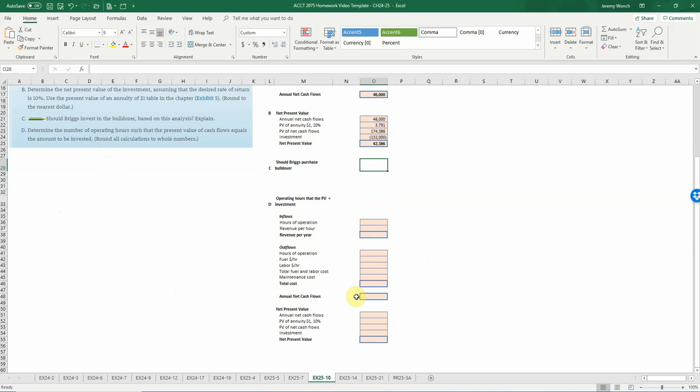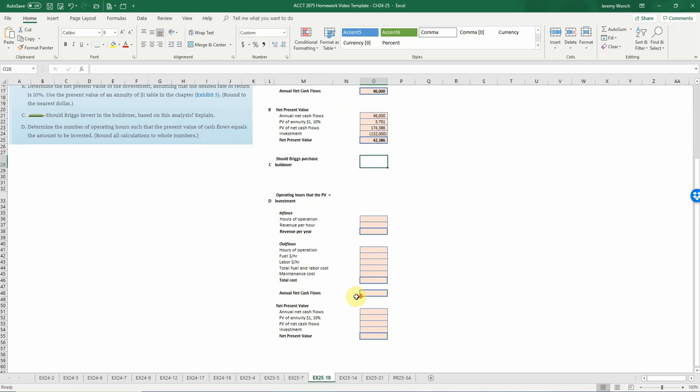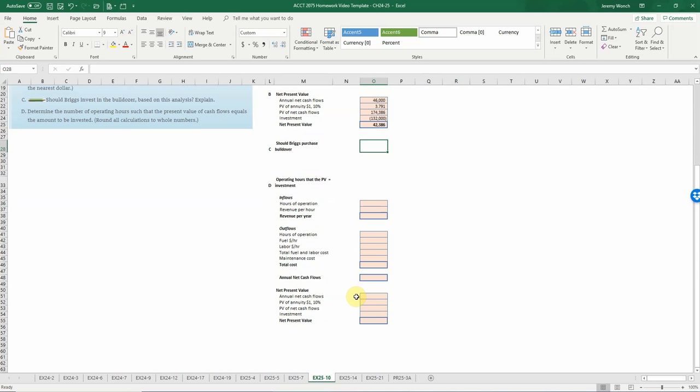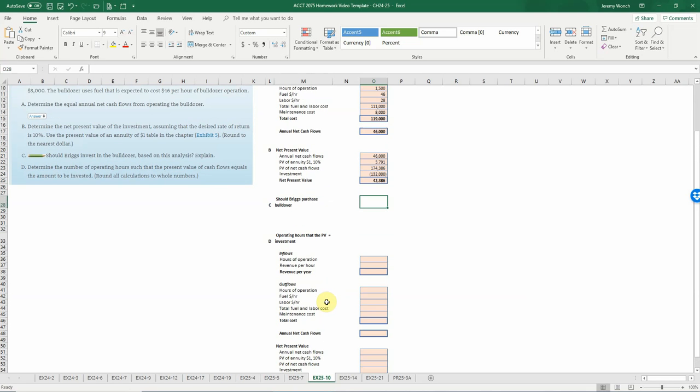So it's the minimum operating hours that we can have to still be a good deal. The easiest way, and a really good tool in Excel, is the goal seek function. So we're actually going to use that to solve this.